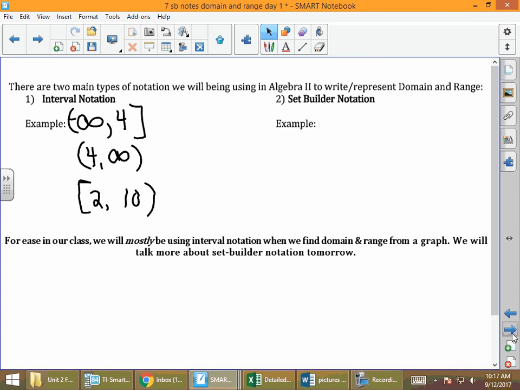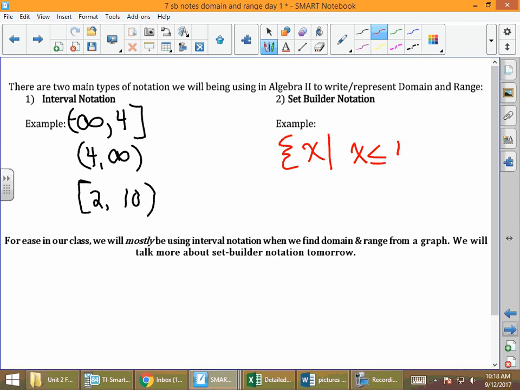But the other type of notation is set builder notation, and the first thing that we do is we make a squiggly bracket, and then we say x bar, and what that means is for all values of x such that, in this case, x is less than or equal to 4. That's set builder notation.